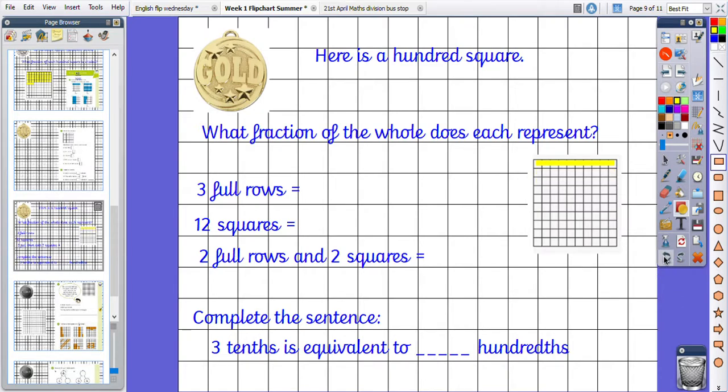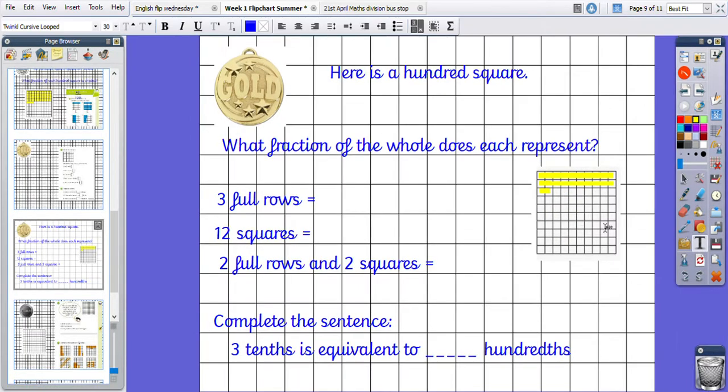What about if I only shaded in 12 squares? I know that's 10 squares, and I'm going to shade in 2 more. So what fraction does that represent? And what about 2 full rows and 2 squares?